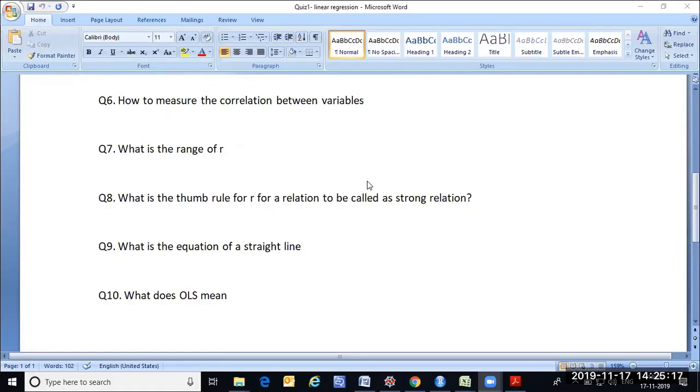How do we measure the correlation between two variables? How do we bring objectivity to understand the relationship?